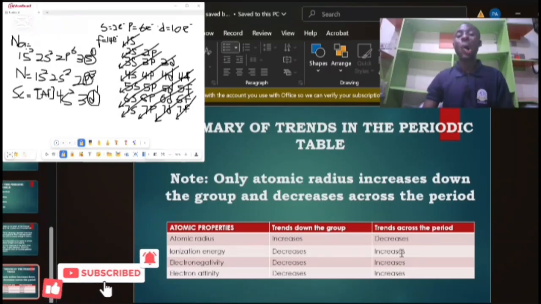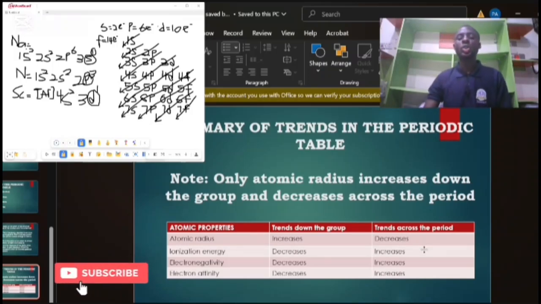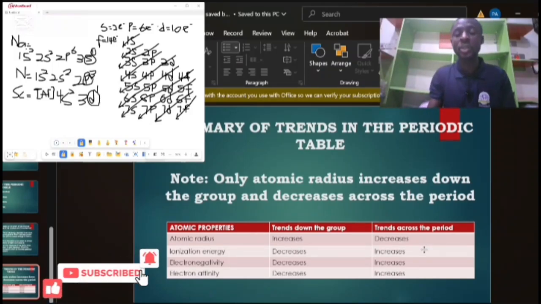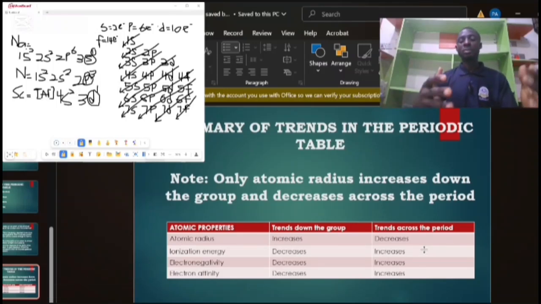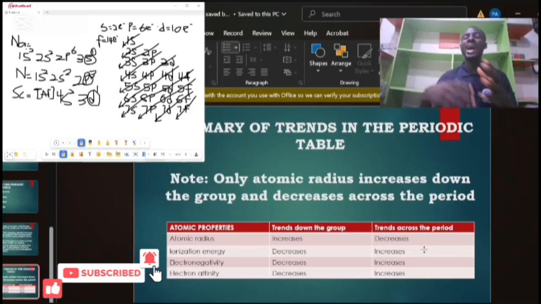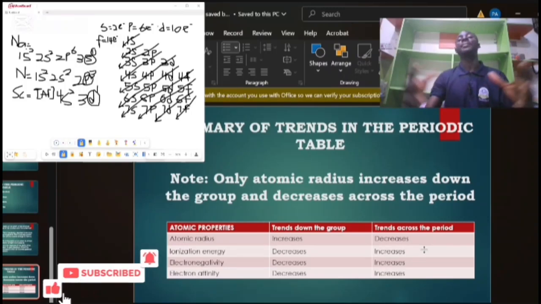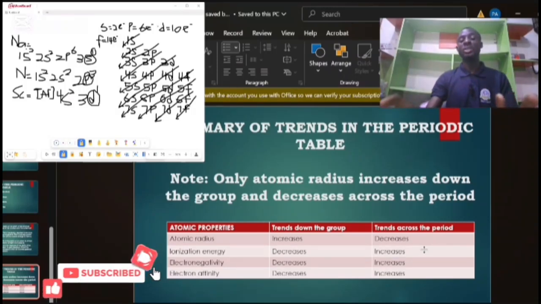So the question is always framed to ask how these trends behave down the group and how they behave across the period. So just master this table so that you can provide the answer anytime they ask a question on this section in the periodic table.